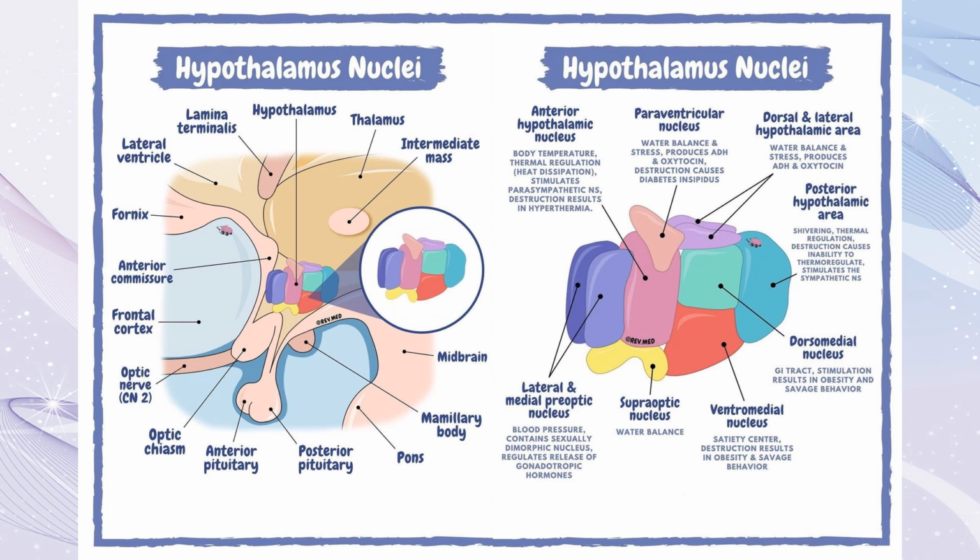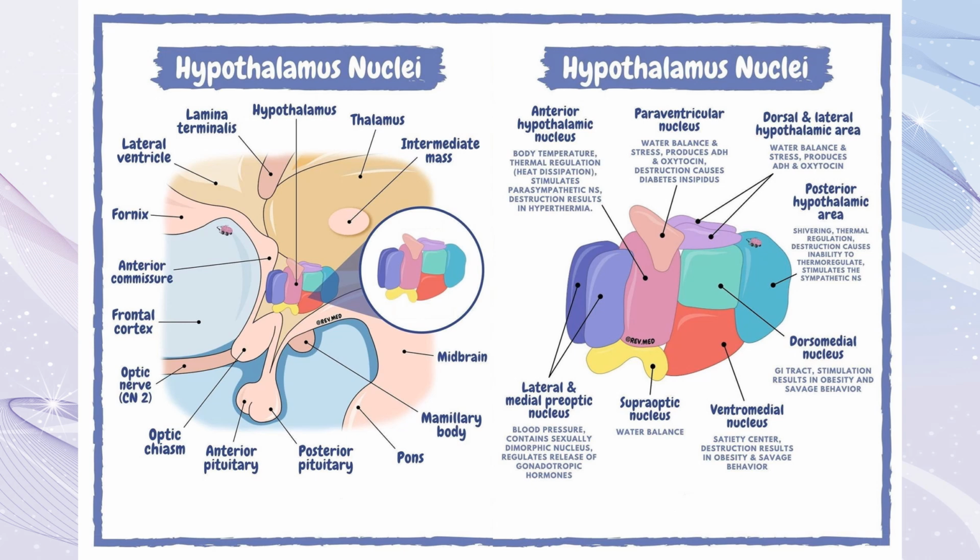Dorsal and lateral hypothalamic area regulates water balance and stress, produces ADH and oxytocin. Posterior hypothalamic area regulates shivering, thermal regulation, and destruction causes inability to thermoregulate, stimulates the sympathetic nervous system. Dorsomedial nucleus regulates the GI tract, stimulation results in obesity and savage behavior.